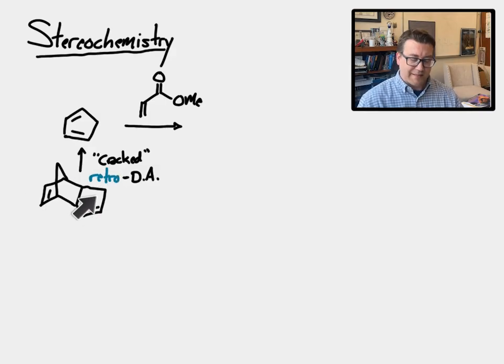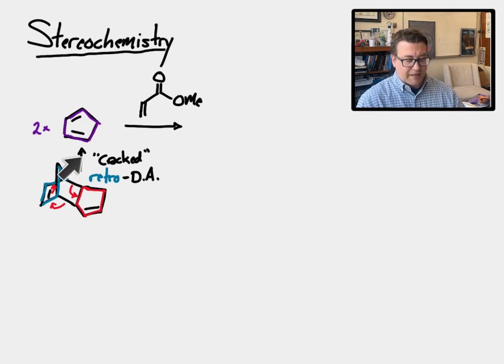You often buy this as the dimer. You can crack it, and it undergoes what's called a retro, or backward, Diels Alder reaction that gives you the diene. So the arrow pushing for that: there are two molecules of this purple diene in this dimer, so you'll get two equivalents of this diene out of this reaction.